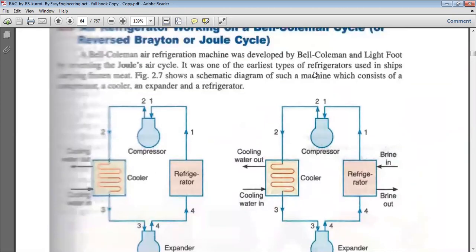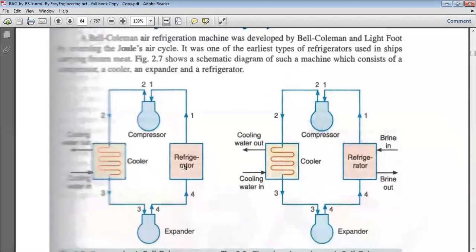What is an open system, what is a closed system? In an open system, the cool air is in direct contact with the refrigerated space. That is called an open system. What is a closed system? The cold air is not in contact with the refrigerated space.